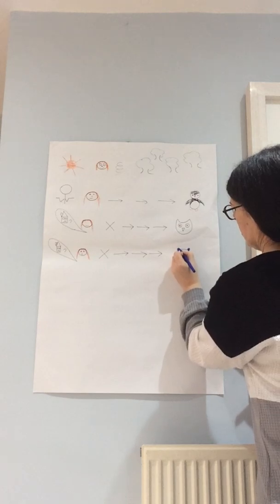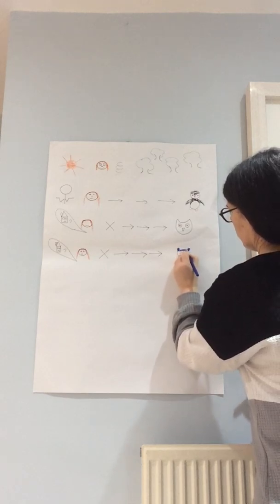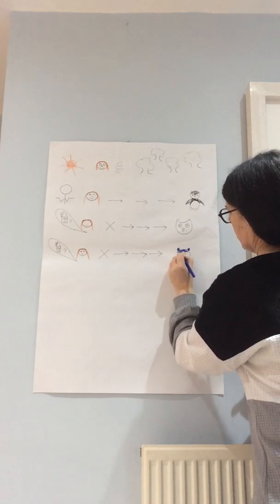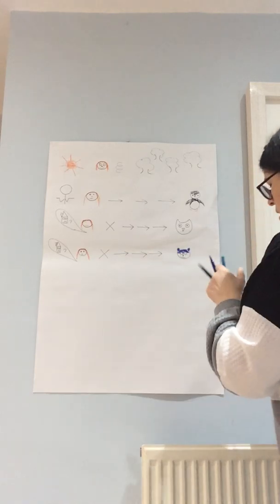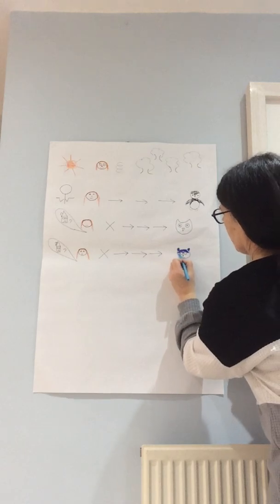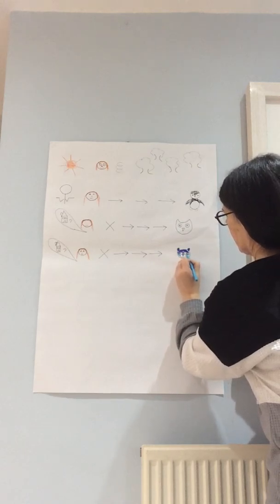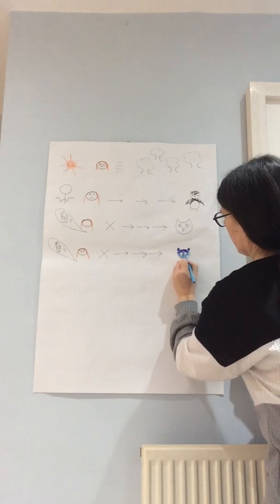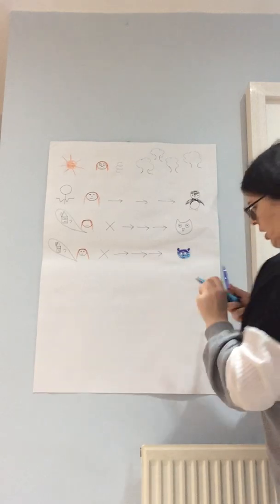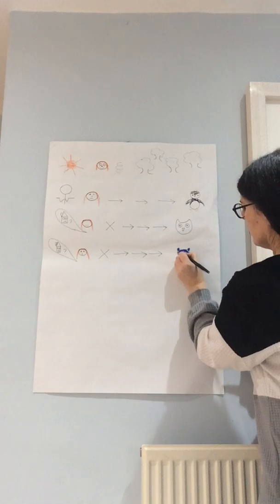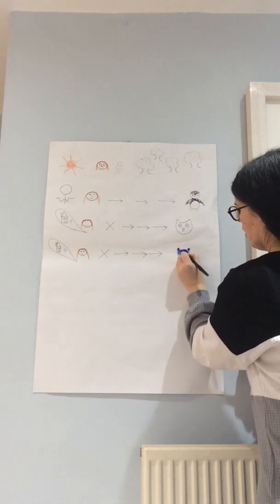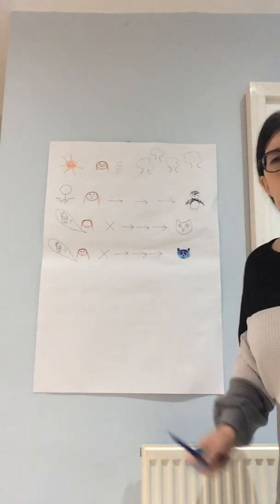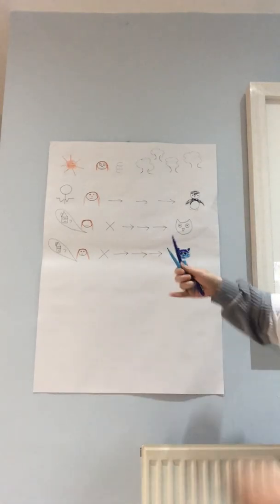There we go. And shade him a little bit darker at the top. There's our panda. Oopsie daisy. There we go. Colour his eyes in. Until she met a panda.